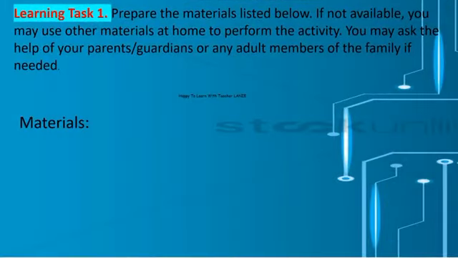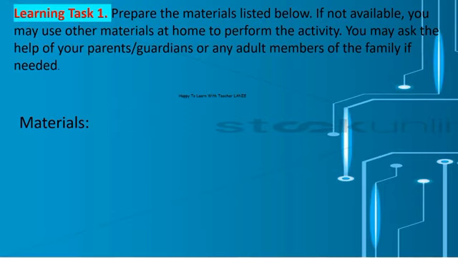The activity that you are going to perform will clearly differentiate series and parallel circuits. Learning task number 1. Prepare the materials listed below. If not available, you may use other materials at home to perform the activity.